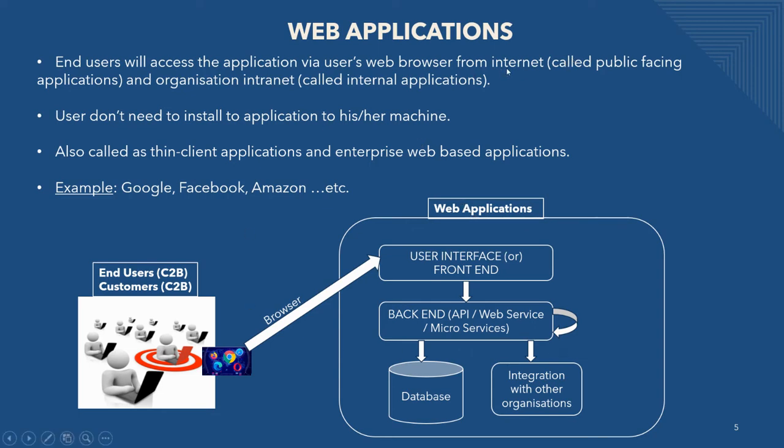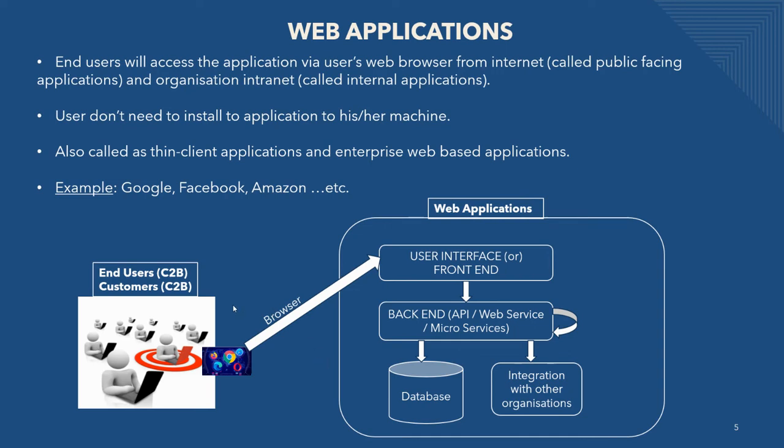That needs to be accessible via the internet. That is called a public-facing application. And if it needs to be accessible only through the organization intranet, that's what we call internal applications. So here, as I said, the user doesn't need to install this application on their machines. It will just be accessible from their web browser.